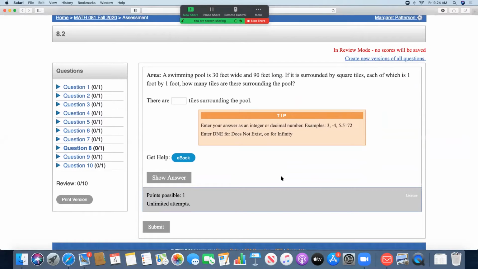A swimming pool is 30 feet by 90. Did anybody have trouble with this? If you surround it by square tiles that are 1 foot. Now here's where the picture will save you. 90 by 30. I'm going to draw it for you.